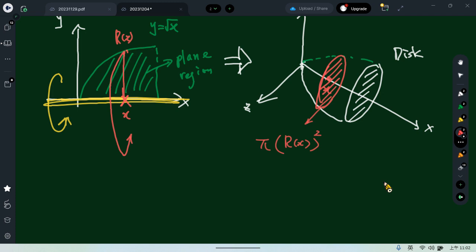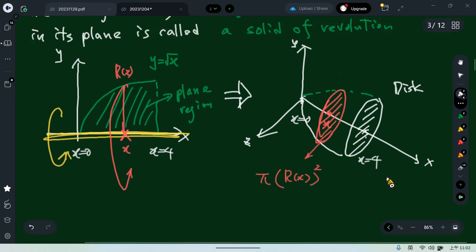So you can see here is 0 to 4, here also should be x is equal to 0 to 4, right? So this disk, this is also a disk.